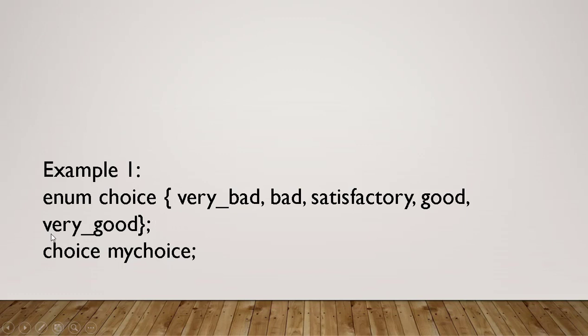When we are writing a program and using this enum, it can take the set of values given in the list. These values can be taken by this data type, choice.